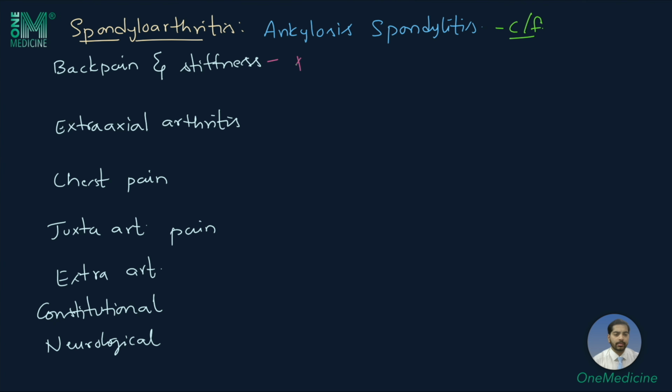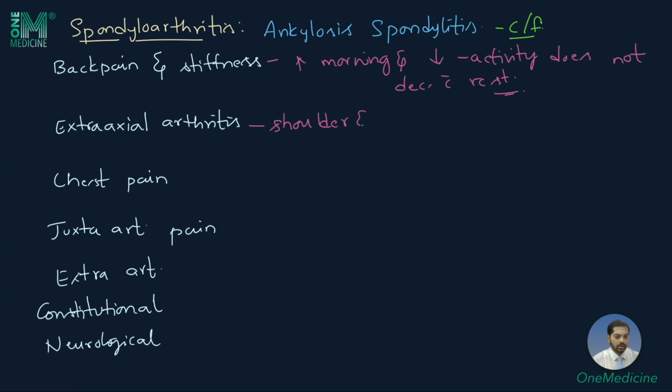Back pain and stiffness is typically more in the morning and reduces with activity, and it does not decrease with rest. Extra-axial involvement can be shoulder and hip joints, which are seen in 25 to 30% of the patients, and another 30% of the patients may have other extra-axial joints involved.